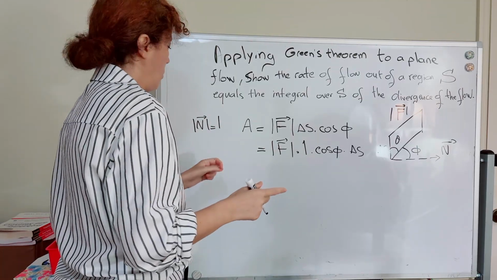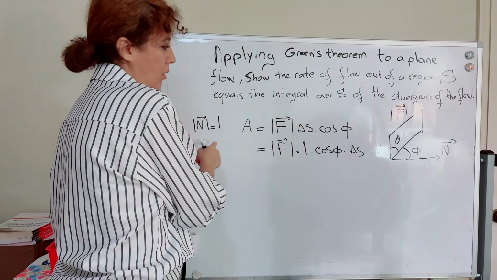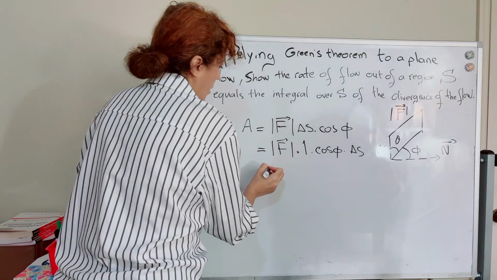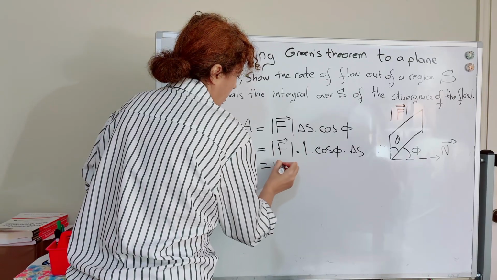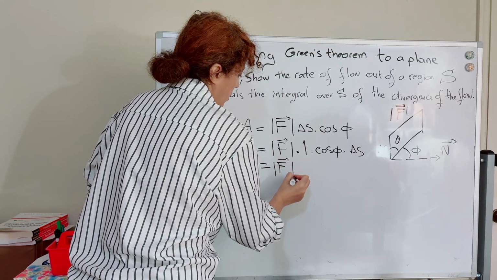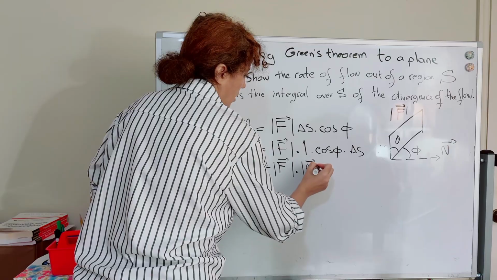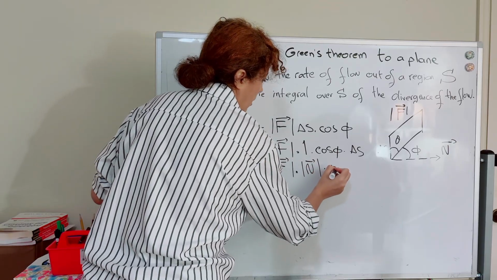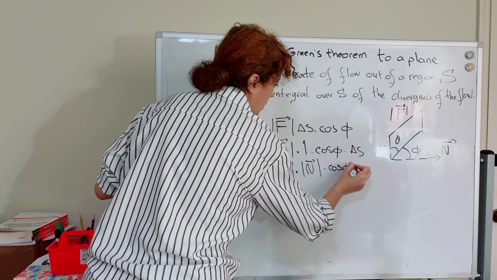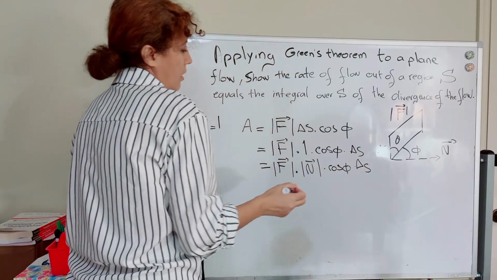So we can substitute the magnitude of N for 1, and we're going to have F times magnitude of N cosine phi delta S.